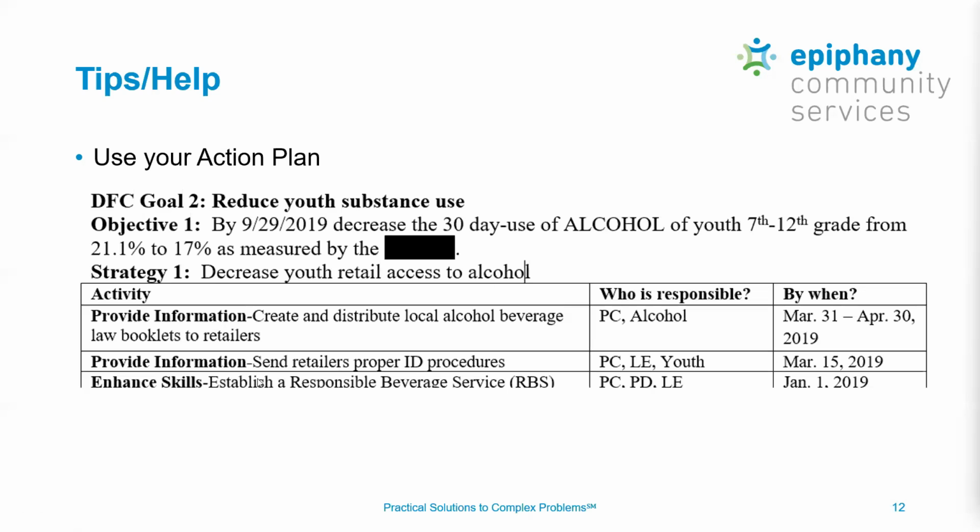And it'll help you link back to your problems. Under here we have decreased youth retail access to alcohol. So we know any of these activities down here, or these community changes, we can link right to our problem goal or right to our logic model of alcohol, because that's what our action plan says, right? That's what we're trying to do here.